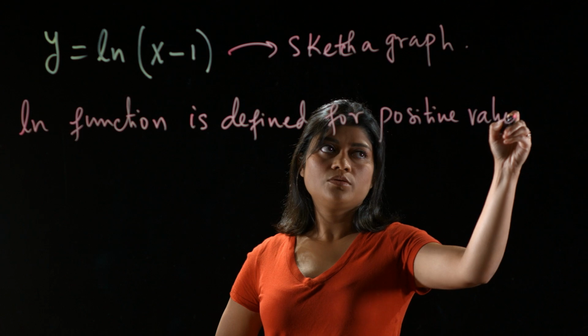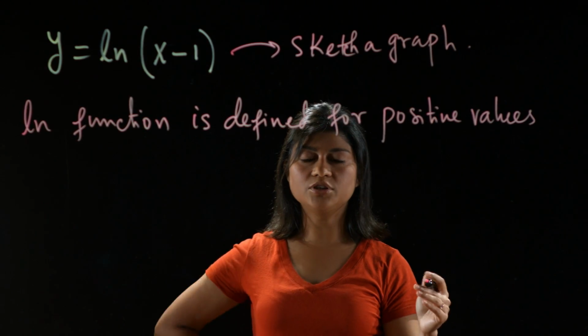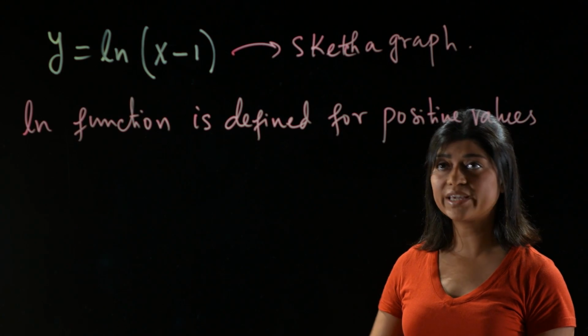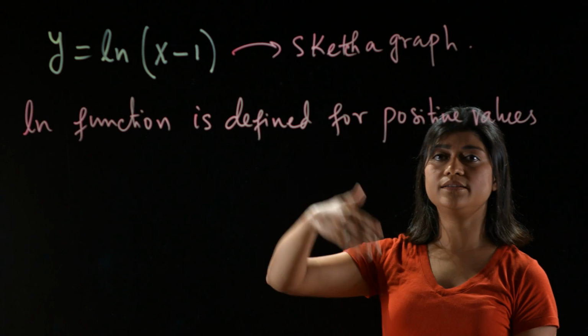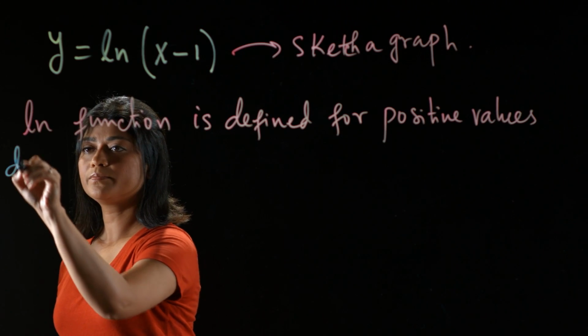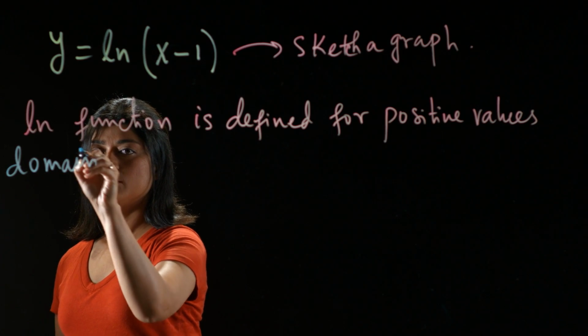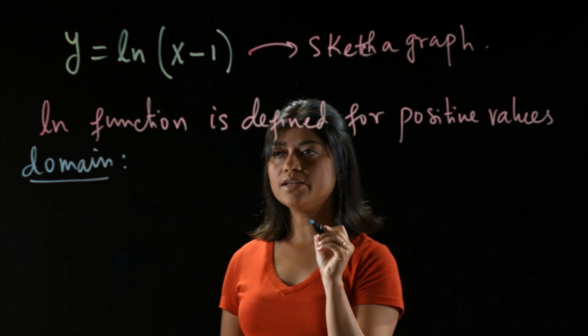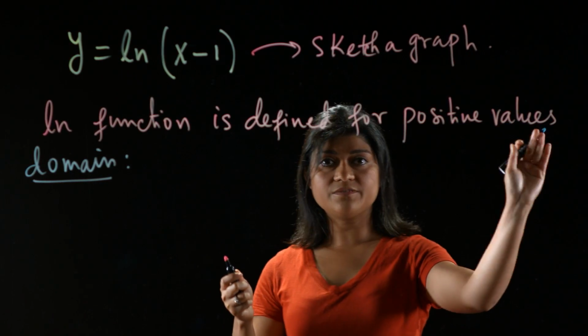And therefore, we have to be careful about the domain of this function first. We can't just plug in any x and want an output. So, what is the domain of this function? The domain is again for positive values.